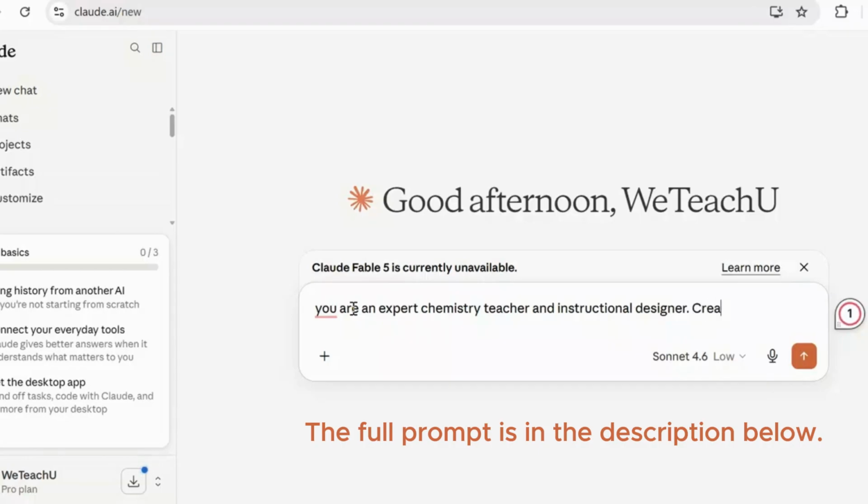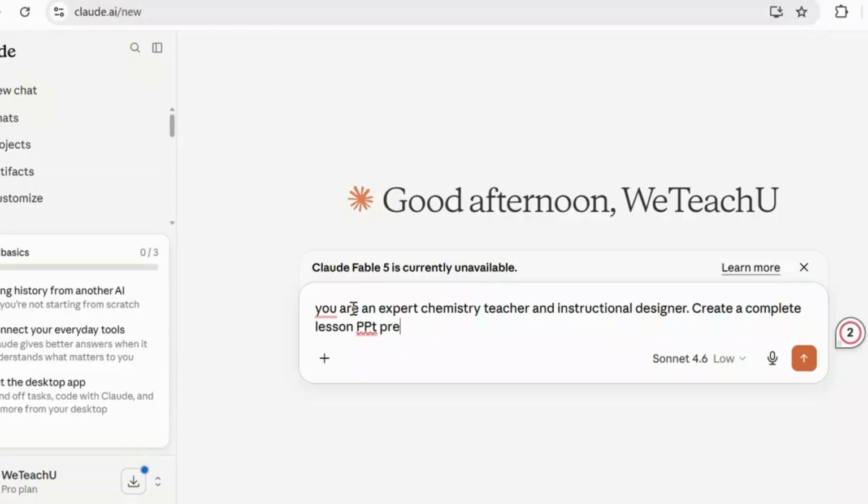The task is create a complete lesson presentation. You can specify and ask Claude to create a PowerPoint presentation. You need to be as specific as possible.